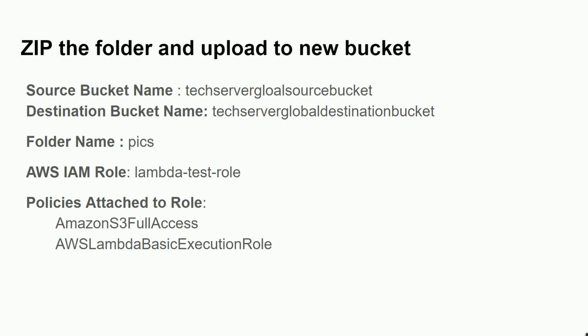When you create the IAM role, you need to select Lambda as the service. Once you create that role, you need to attach S3 full access, or you can just give upload rights. As my requirement is simple, I just provided the full access. You can customize that. Okay, so let me navigate to the AWS console.